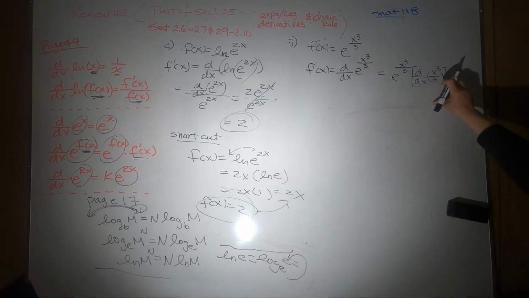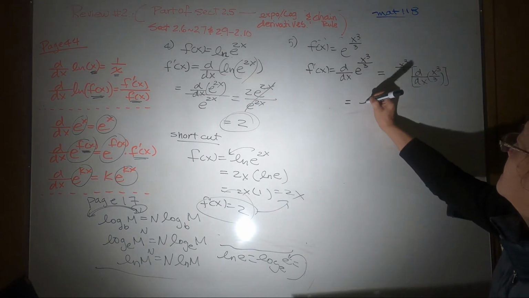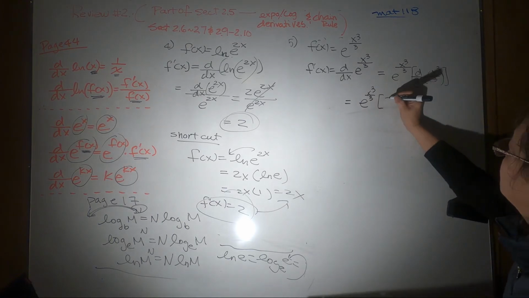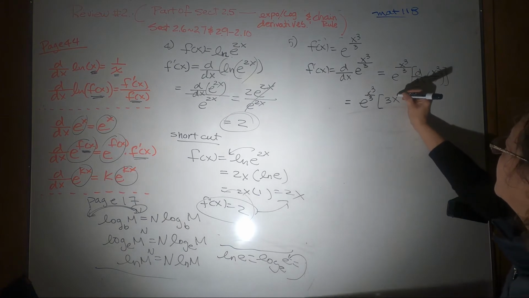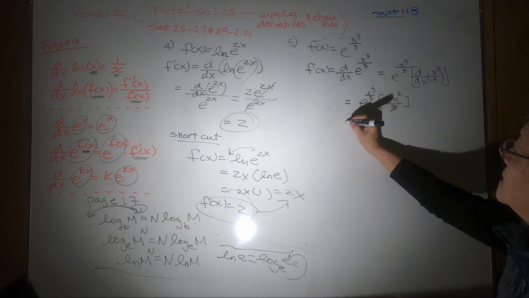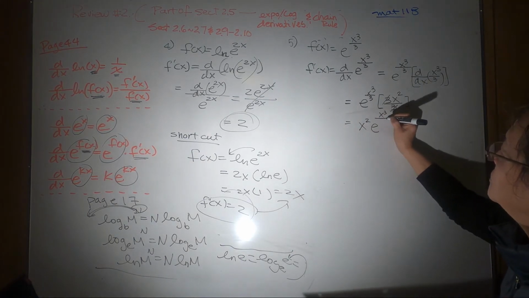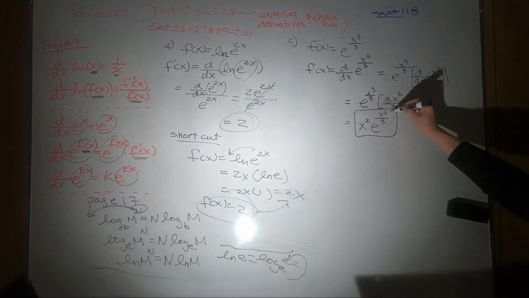What's the derivative of this? You move the 3 to the front, then you drop the power by 1 level, then over 3, that cancels. That will be x squared e to the x cubed over 3. Is that right?